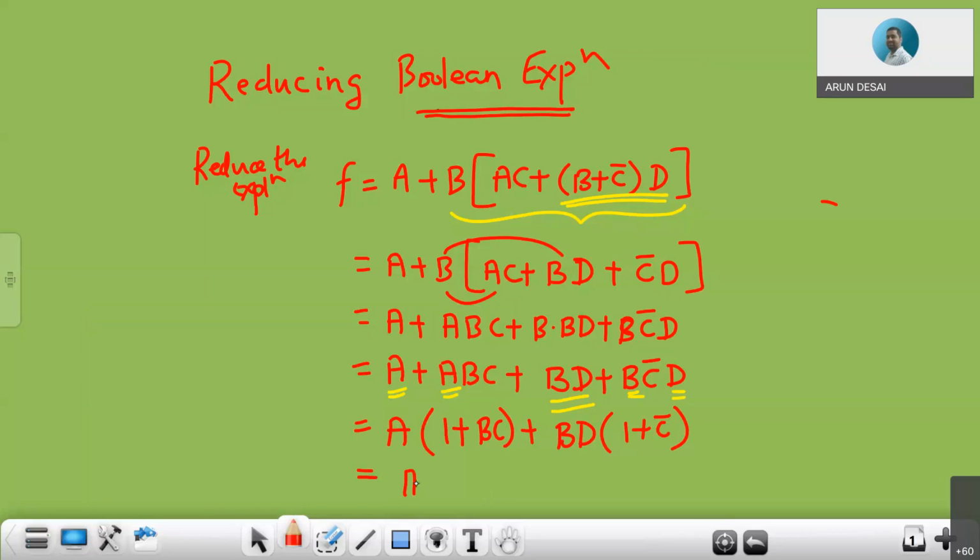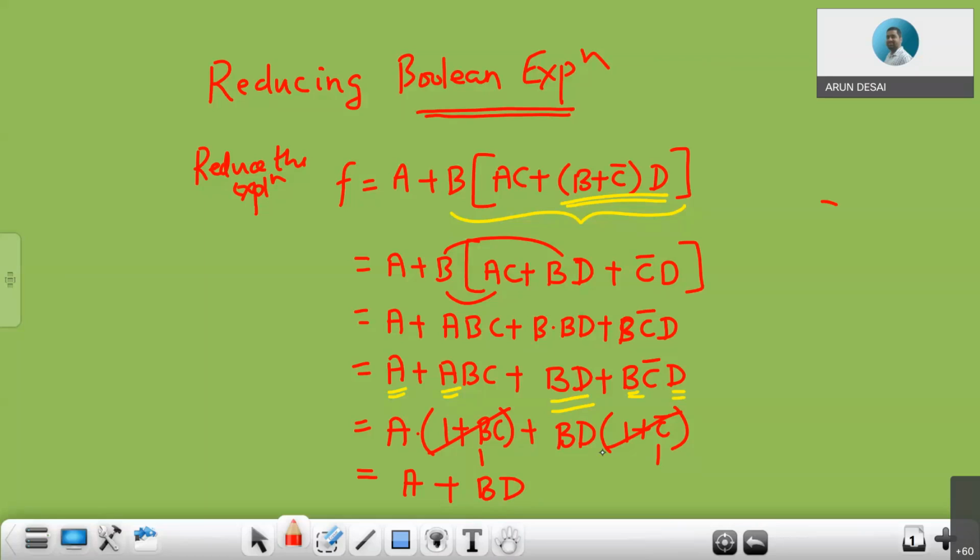So 1 into A is A, plus this whole term becomes 1, this whole term becomes 1. Now 1 into A is A, and B into 1 is B. So this is how you reduce the expression.